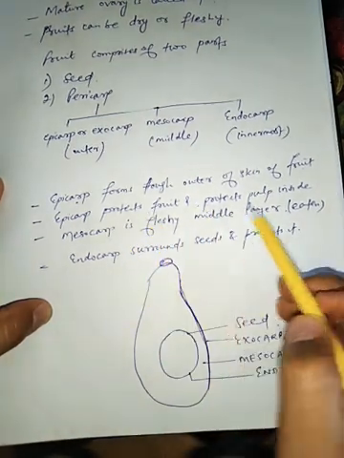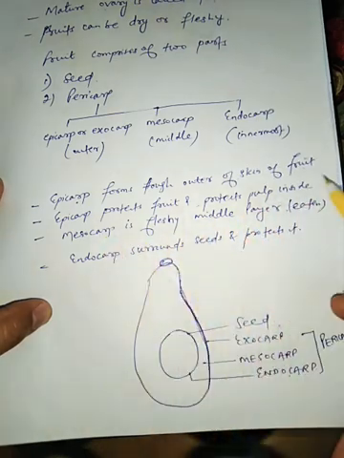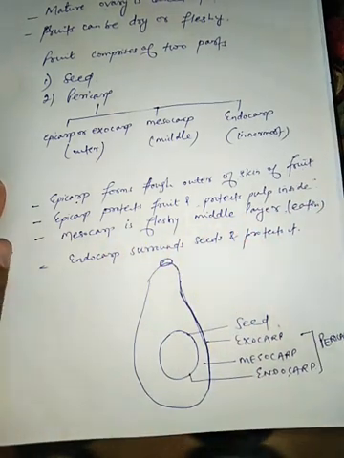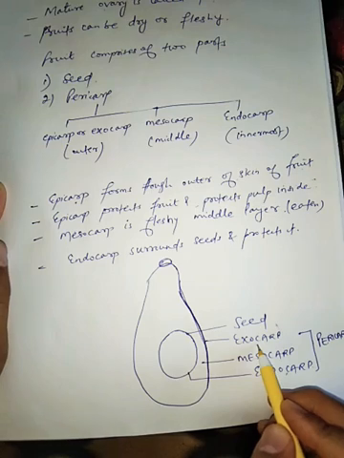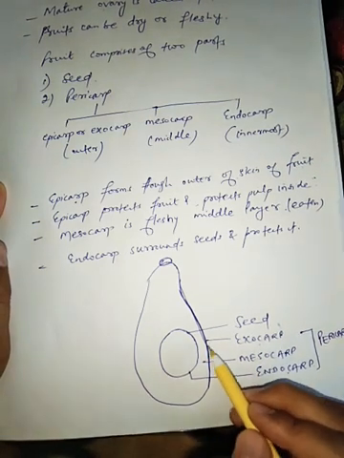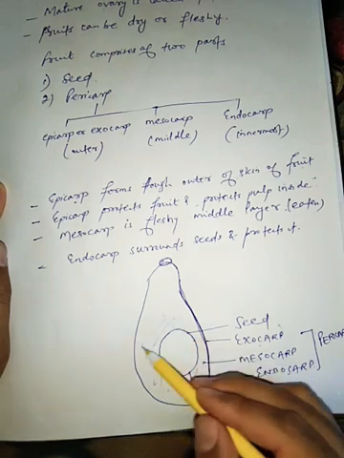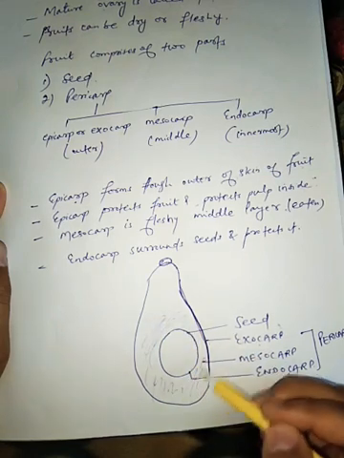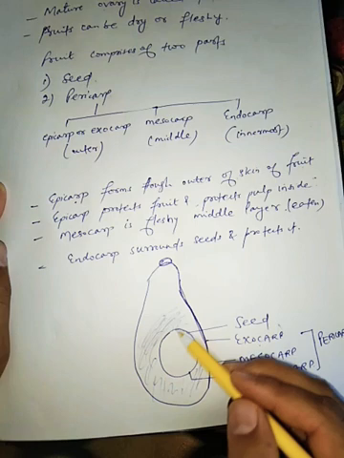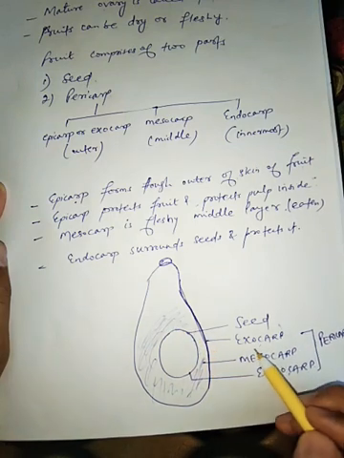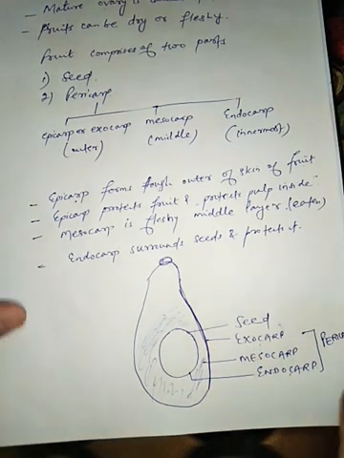Epicarp protects the fruit and protects the pulp inside the fruit. So this exocarp is protecting the pulp. Pulp, you all know, is the sweet and thick paste which we eat.